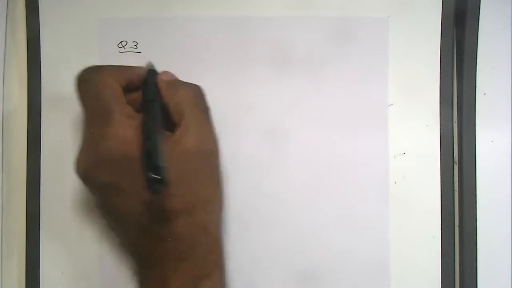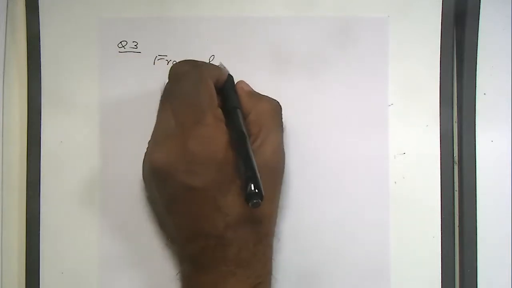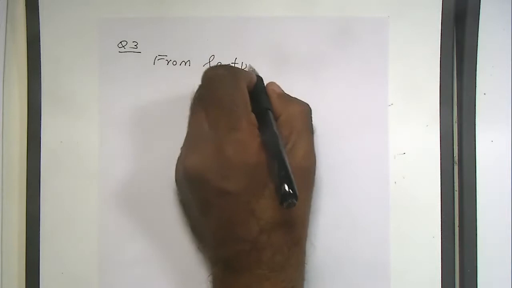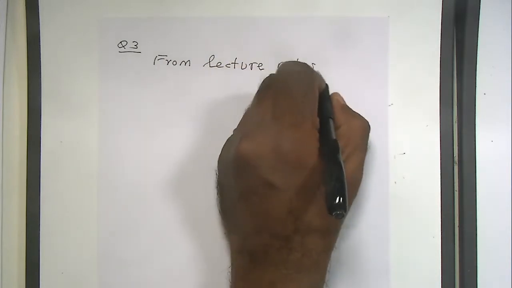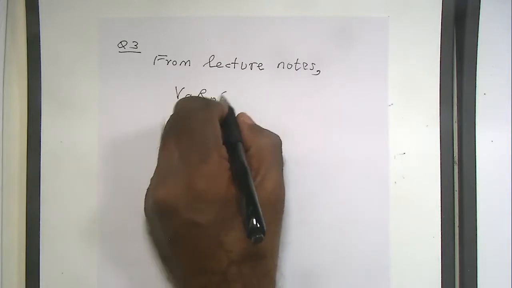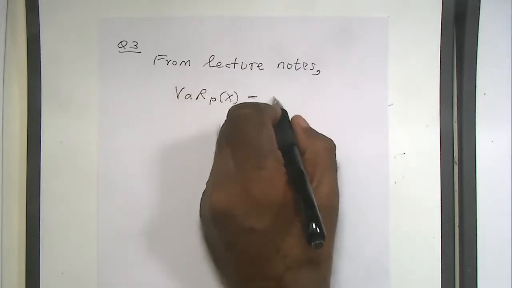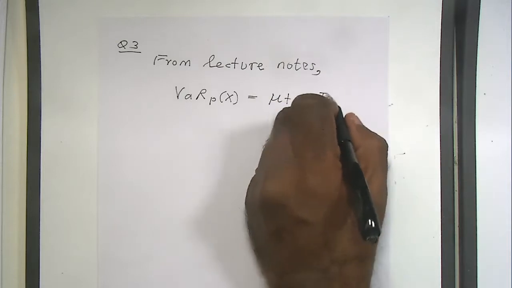Right, guys. Okay, question 3 is something we did in the class, so you should know what it is. You should look back in the notes I gave you. The formula for VaR is, you may remember, mu plus sigma times phi inverse of p.